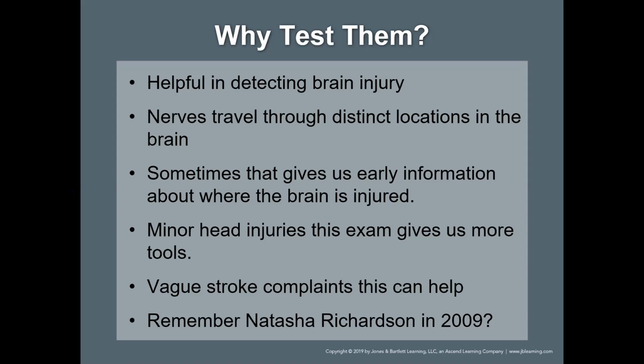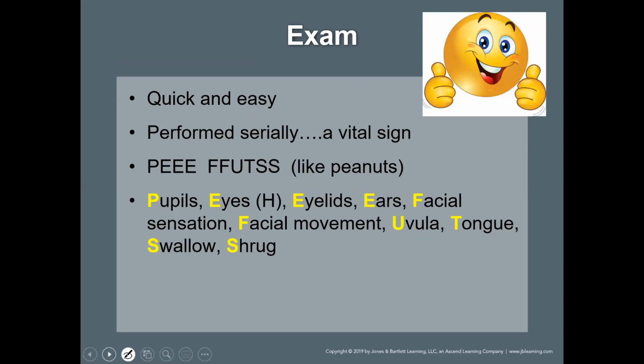But we all can kind of think of, if you've been in the field for a while, situations where your assessment and getting them to transport via ambulance and getting a CAT scan helped find something. So remember that. So there's a quick and easy exam. I've got some handouts that you can download and print out and look at.